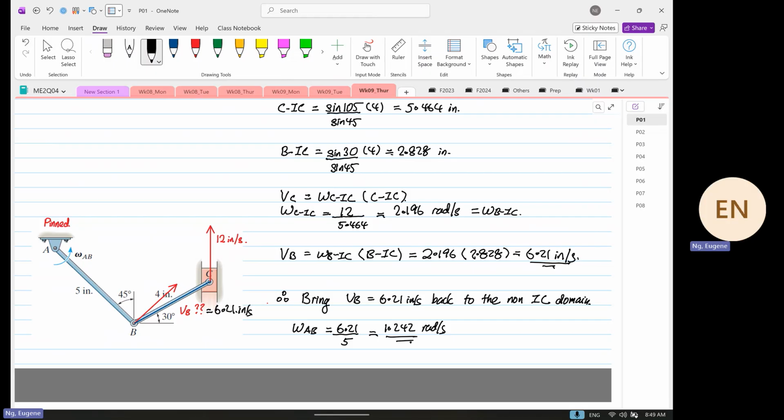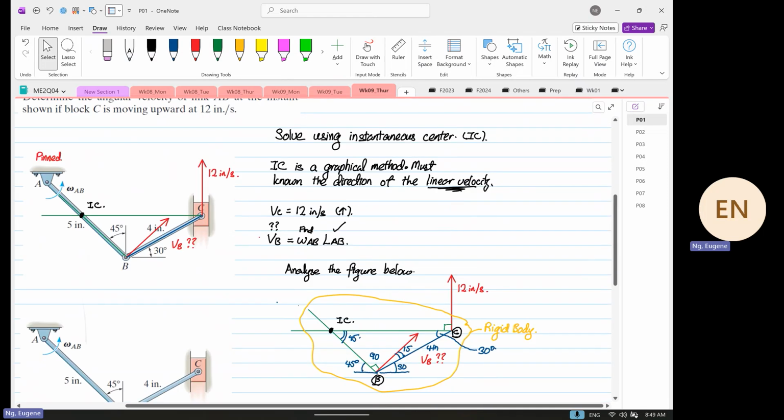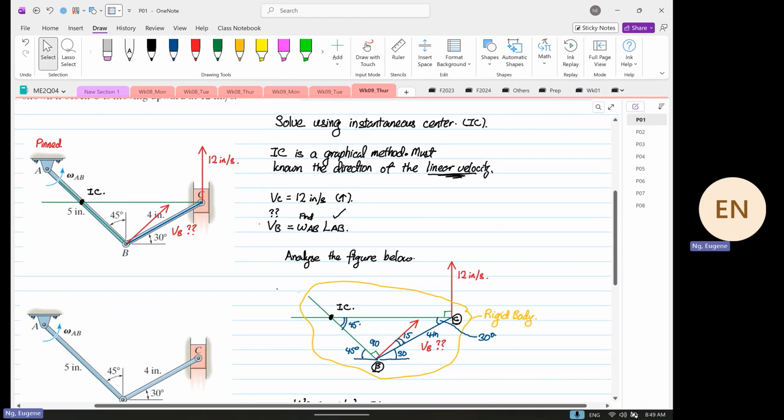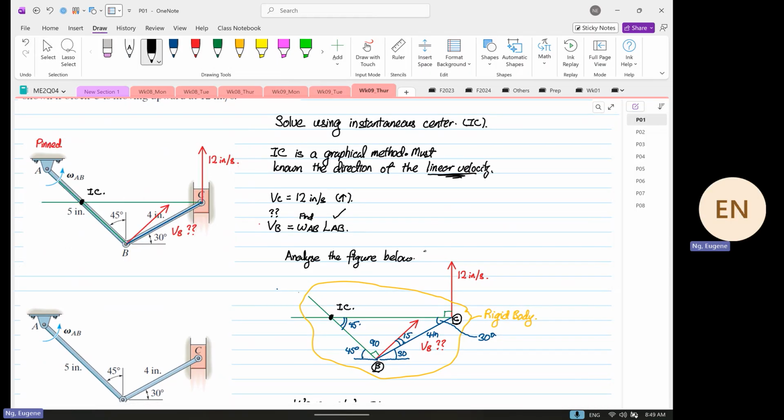So what we have just done, if you were to look at the entire process, you have to get your angles from the diagram. Then you're going to analyze what I'll call the IC domain, the instantaneous domain. You isolate, get rid of the figure, pull it out, and put it into a diagram like this.